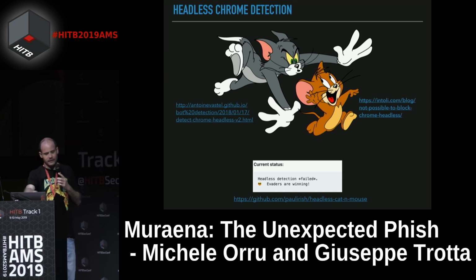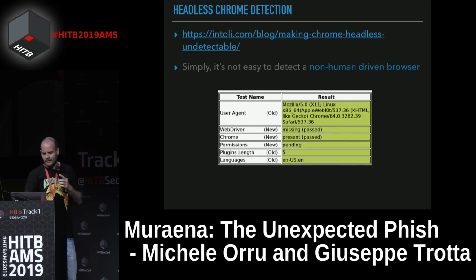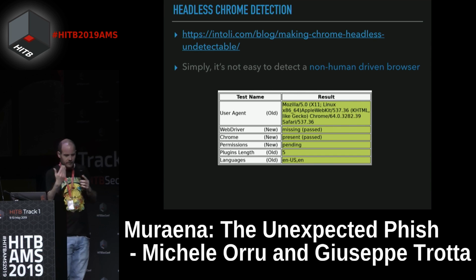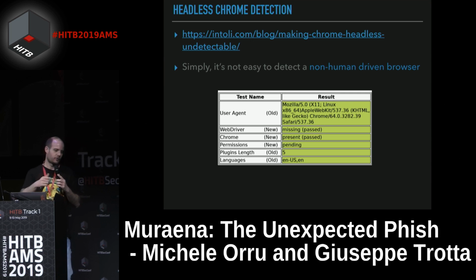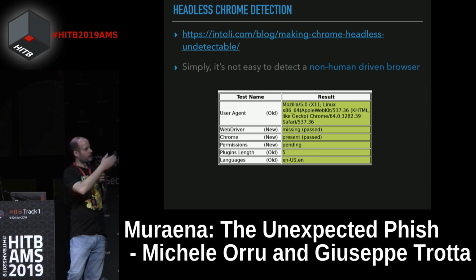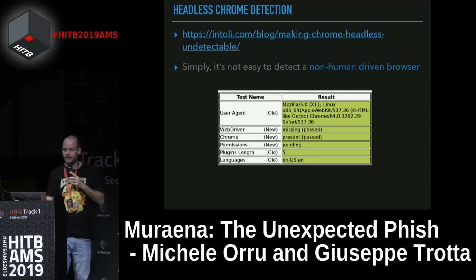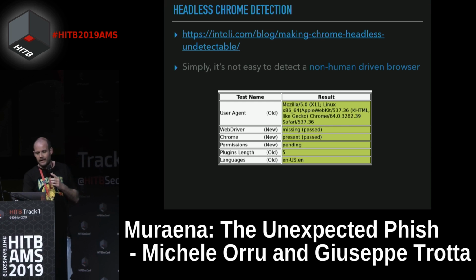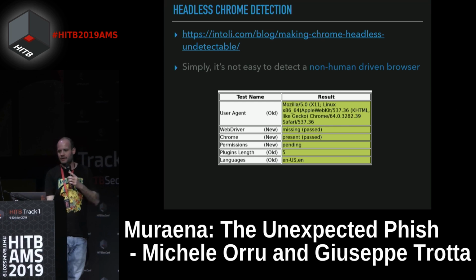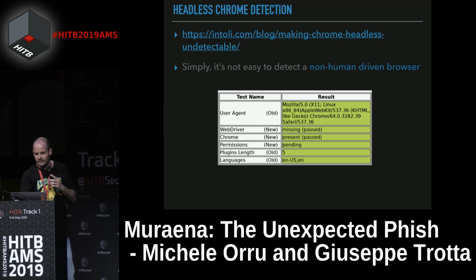So there are a nice bunch of resources that you can check out, specifically the Intoli site, where they speak a lot about what properties you should emulate, or what people are trying to detect to see if you are an instrumented browser. And the latest research basically proves that it's very difficult to detect whether there is a human or not behind the browser.